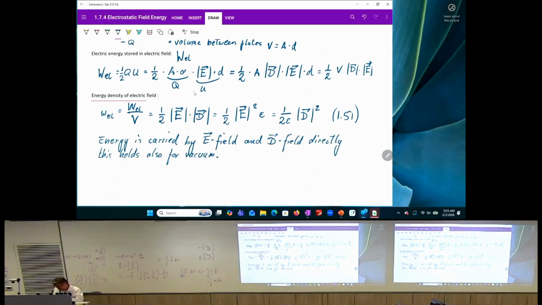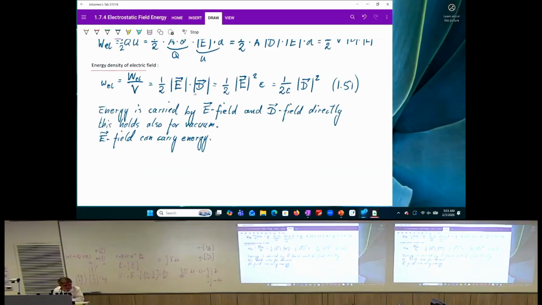So this is a very important aspect because your E field basically can carry energy. And of course, a very important takeaway is that you have the energy stored for the capacitor, it is stored in the electric field, but when you get to electrodynamics, then also there you have the case that the energy is stored in the electric field and also in the magnetic field.